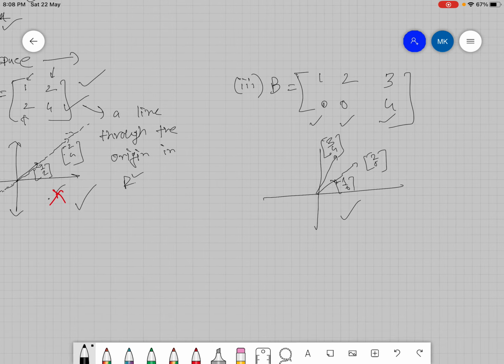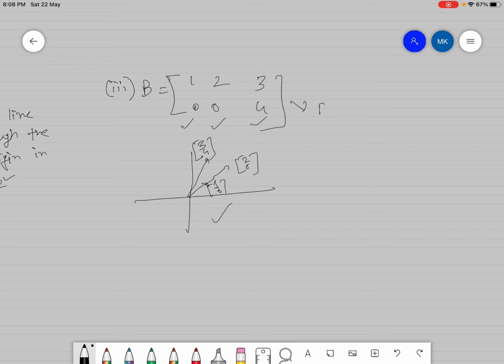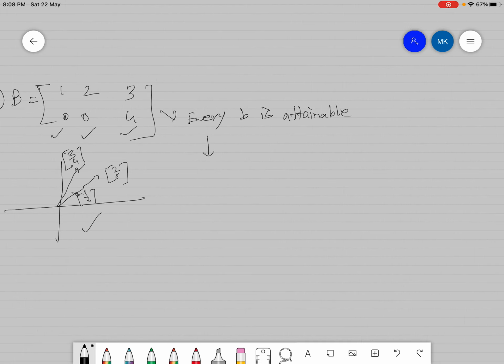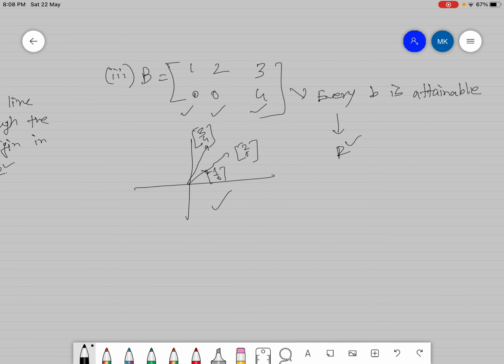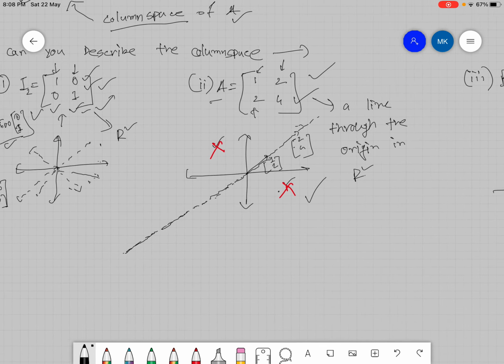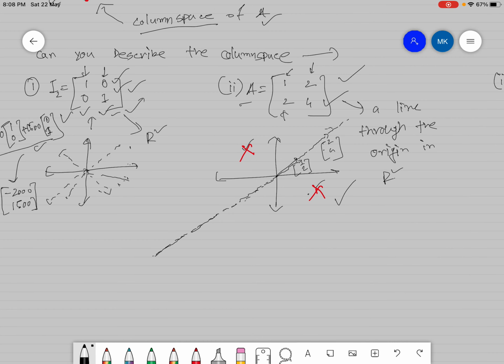Every b is attainable by the help of these 3 columns, where b is from Ax equals b. So that means the column space is the whole R2 vector space.